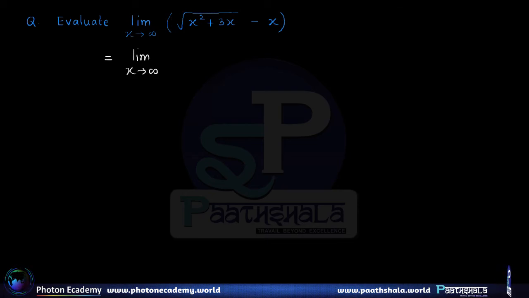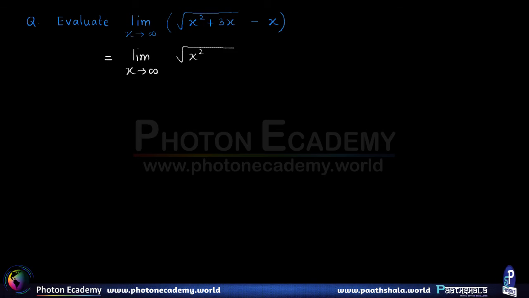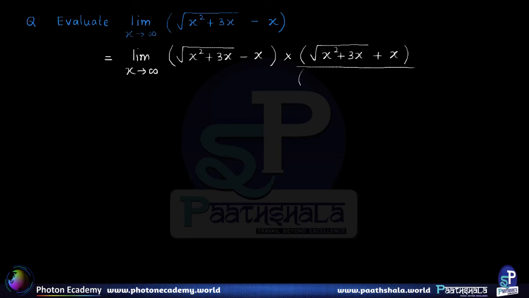As we have seen previously in the rationalization method, the same thing we will replicate here, that is, we will multiply and divide by the conjugate of this particular numerator. That will be root of x square plus 3x plus x divided by the same expression.